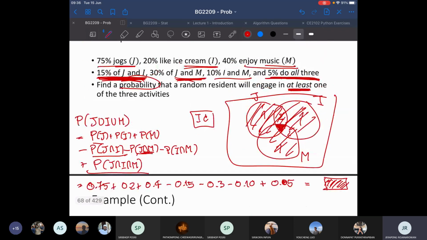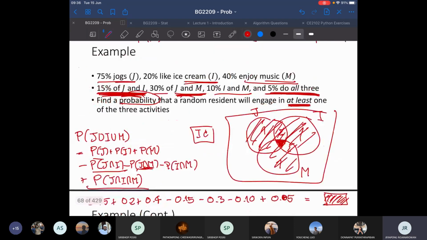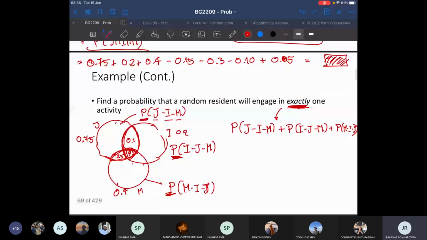And then J and M. J and M is 0.3, which is here. So we know that 0.05 is here, so it's 0.25. Okay, and then this one is 0.1, so we got 0.05.